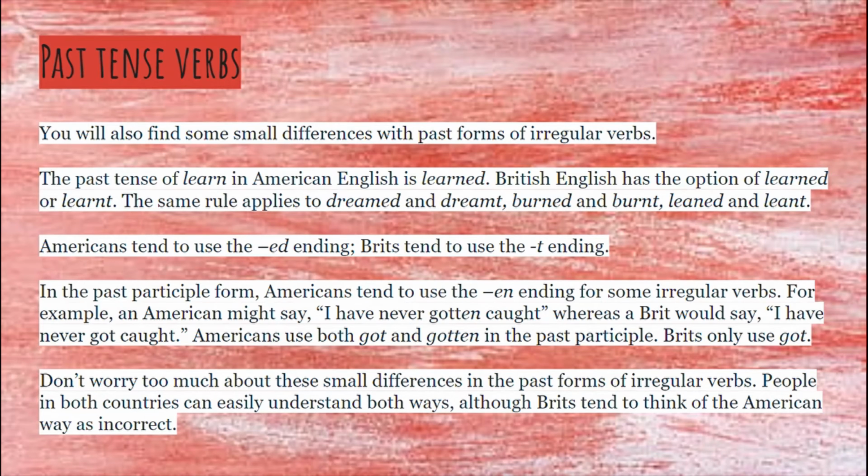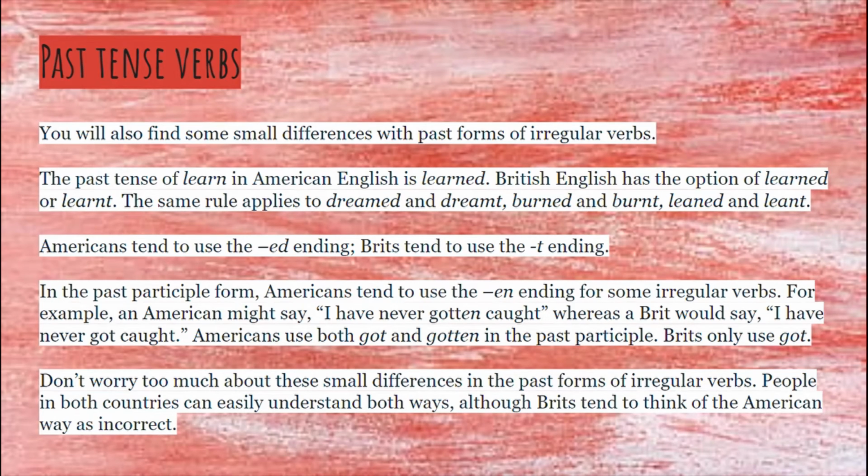Now, past tense verbs. There are some differences with past forms of irregular verbs. The past tense of learn in American English is learned. British English has both learned and learnt. The same rule applies to dreamed and dreamt, and burned and burnt. Americans tend to use the ed ending when talking in past tense, while Brits tend to use the t ending.